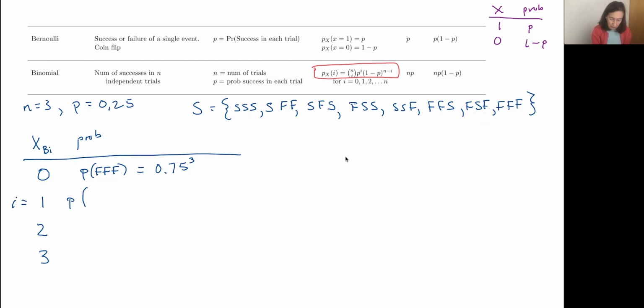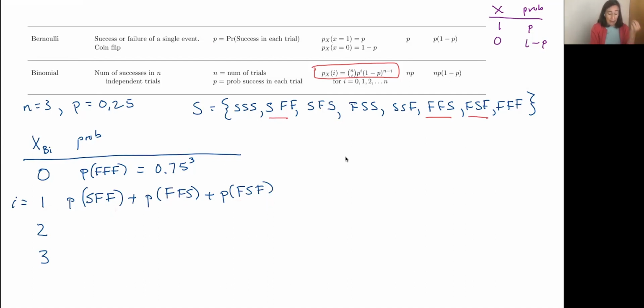So maybe I'll go ahead and do that in a color here. So we've got 1 success here, there's 2, 2, 2. Here's 1 success, and here's 1 success. So that is the probability of success, fail, fail, plus the probability of fail, fail, success, plus the probability of fail, success, fail. Each of these outcomes has 1 success.